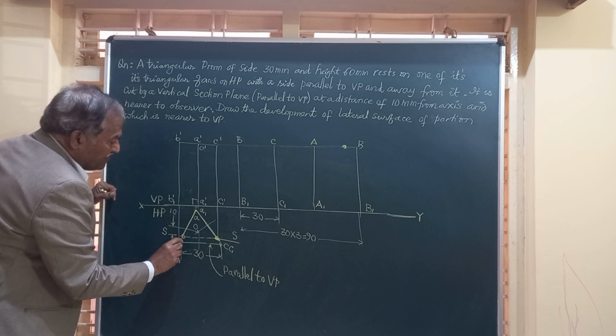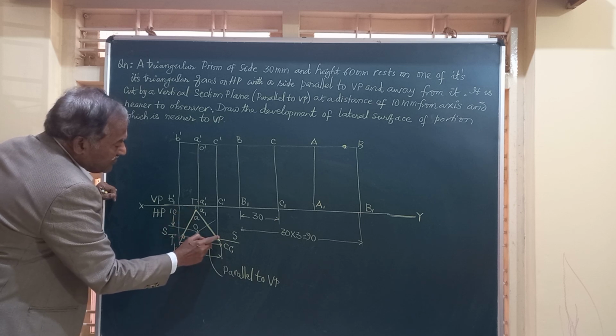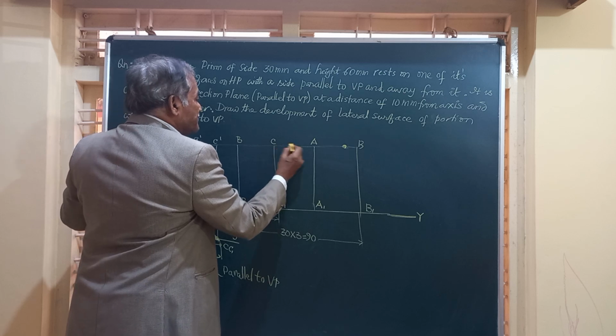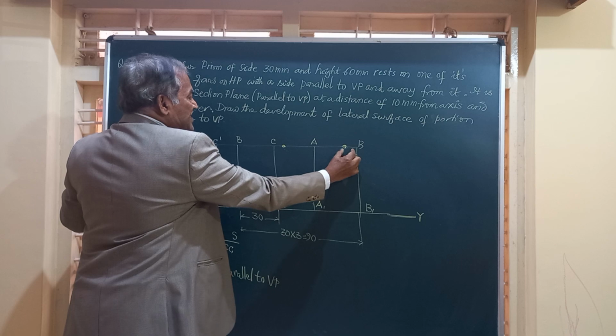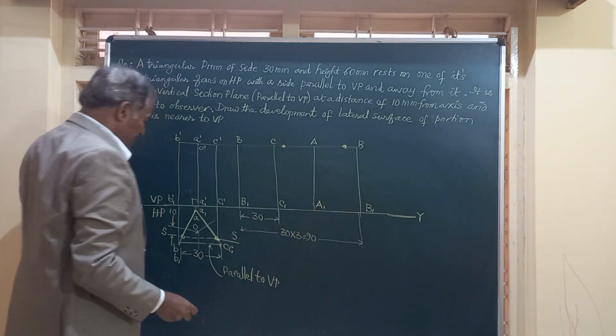Similarly, on the other side, on CA nearer to C, you will get the same distance. It is an actual measurement because all these are 30-30 each.